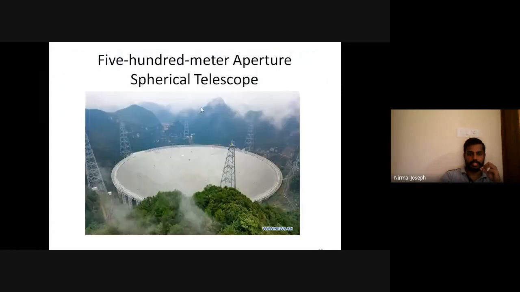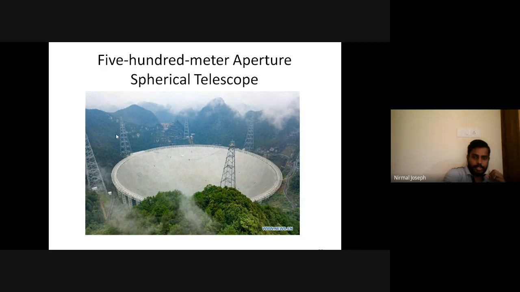Then this is presently the largest, China's 500-meter aperture spherical telescope, also called FAST. As the name suggests, it has a 500-meter diameter. And you can see the feed system.